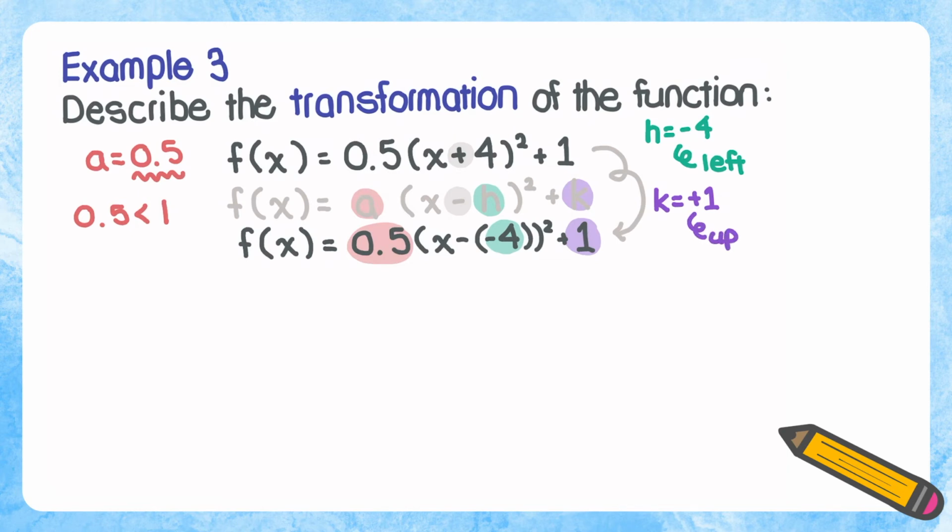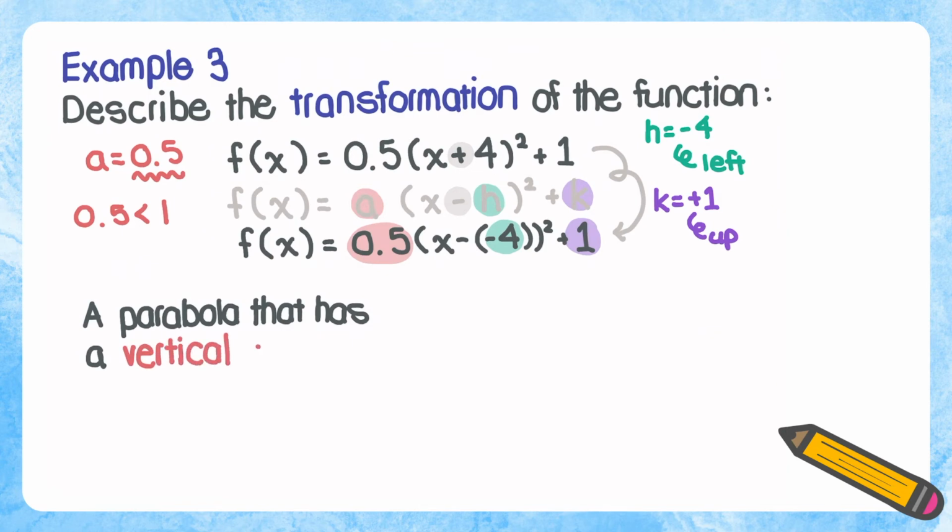So let's write the description. We have a parabola that has, first of all, a vertical shrink because a is less than 1.